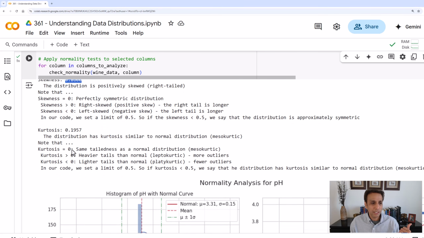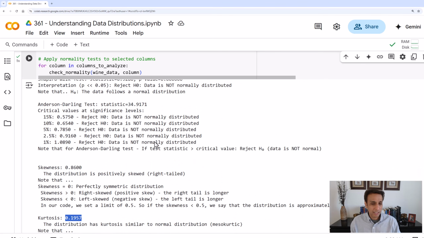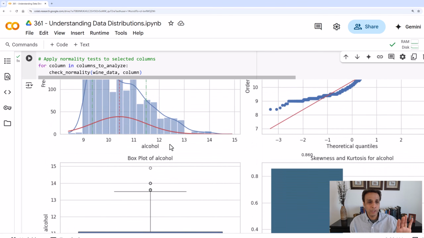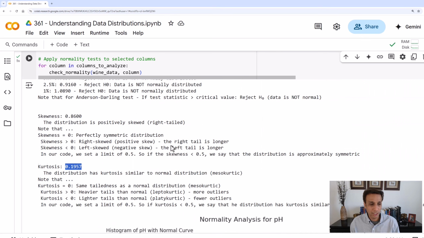Similarly for kurtosis, if it is equal to 0, then it's like a normal distribution. If it is greater than 0, which it is in our case, we have heavier tails than a normal distribution. So I think this is everything you need to understand whether alcohol content in the wine is normally distributed. Of course it's not, right?